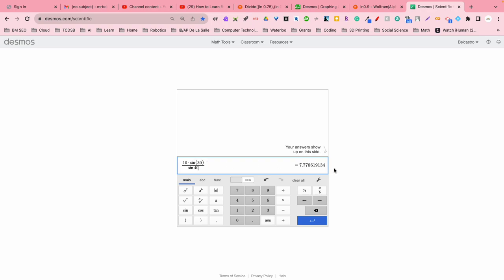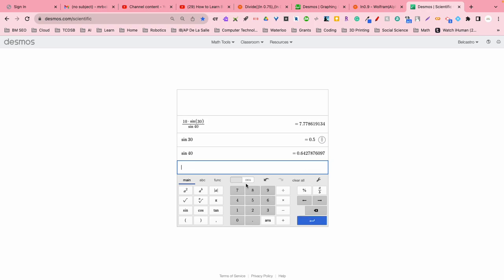I could have said, what's sine 30? Oh, nice one. What's sine 40? There we go. That's an example of an unruly number. And then I could have decided, okay, I'm going to do 10 times this answer here. Well, allow me to copy. Oh my gosh, that's not what I wanted. Didn't copy. 0.5 is a nice one that works out.